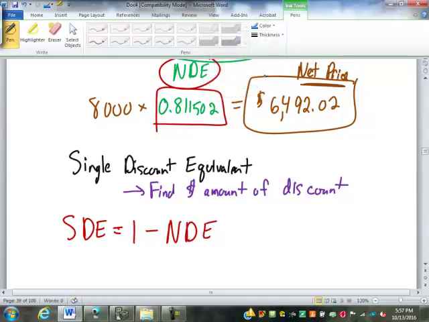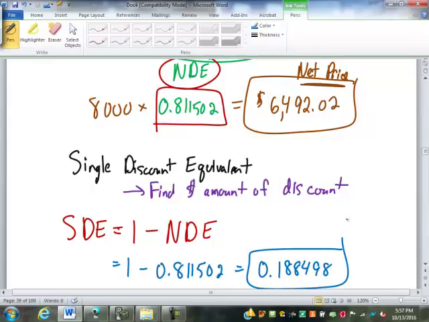The single discount equivalent is equal to 1 minus the net decimal equivalent. Think about it. 100% is the whole thing. That would be represented by a 1. And we're subtracting out the net price percentage or rate. That leaves us with the discount. So 1 minus 0.811502 is 0.188498. That is my single discount equivalent.